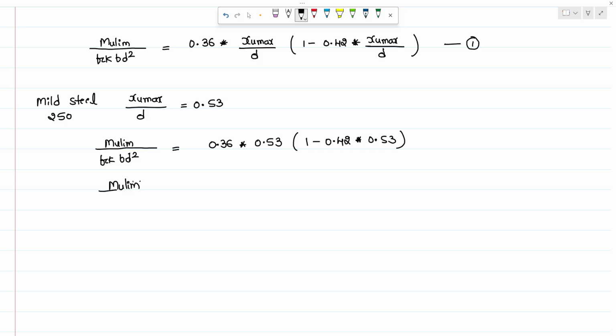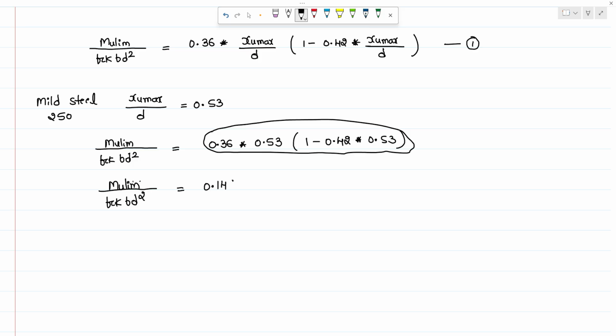So Mu limit divided by fck bd square, after simplifying this term, will be 0.148.